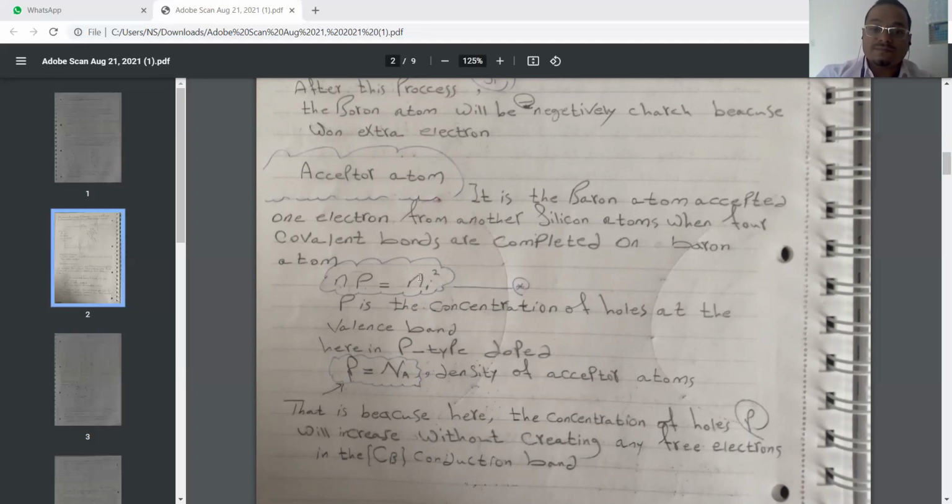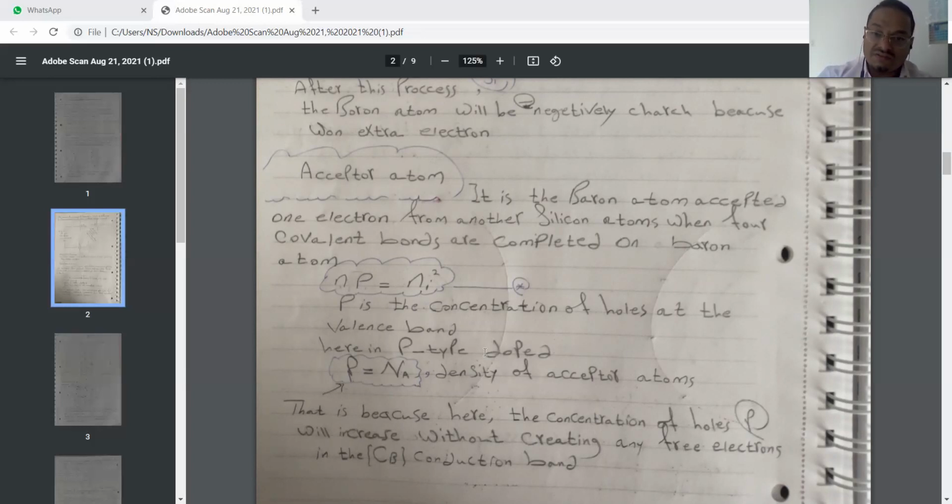At p-type and n-type doping, n doesn't equal p at all, and we will discuss why in the next slides. Like I said, p is the concentration of holes in the valence band.